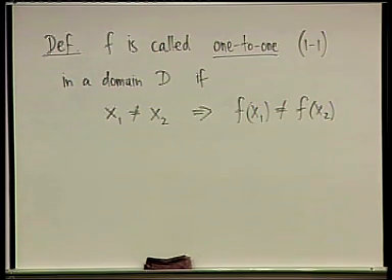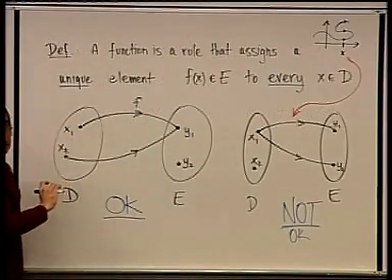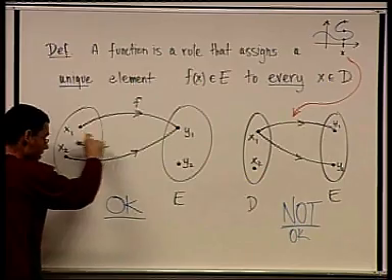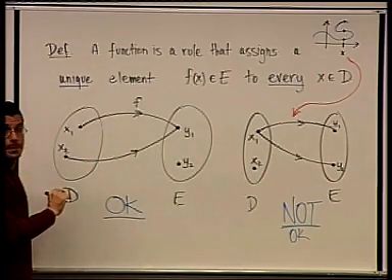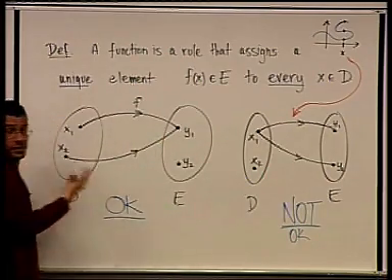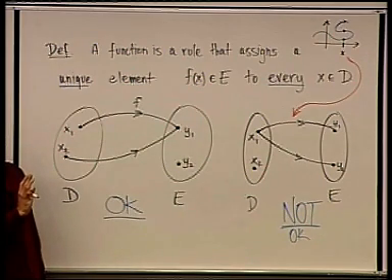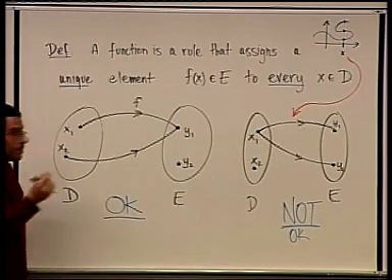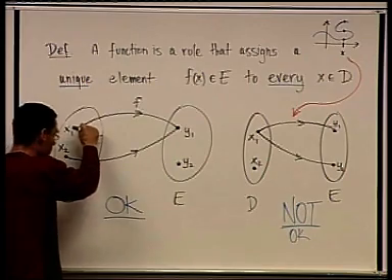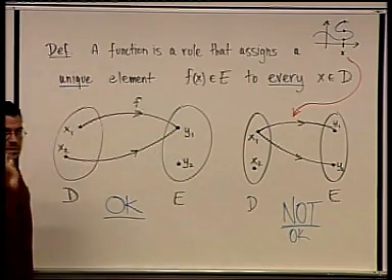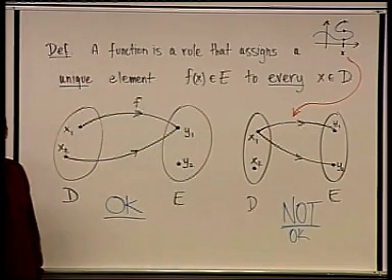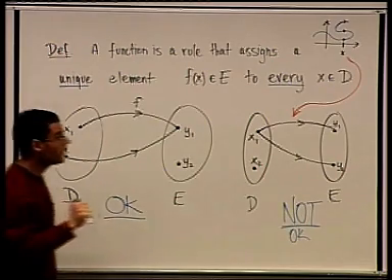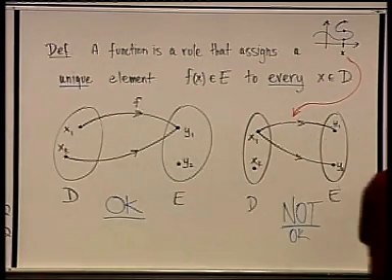Okay? Which is okay by definition of a function, but we want to rule it out for some functions. So if this happens, the function is not one-to-one. And the name says it, right? Being one-to-one means every person gets his own spouse. Good?